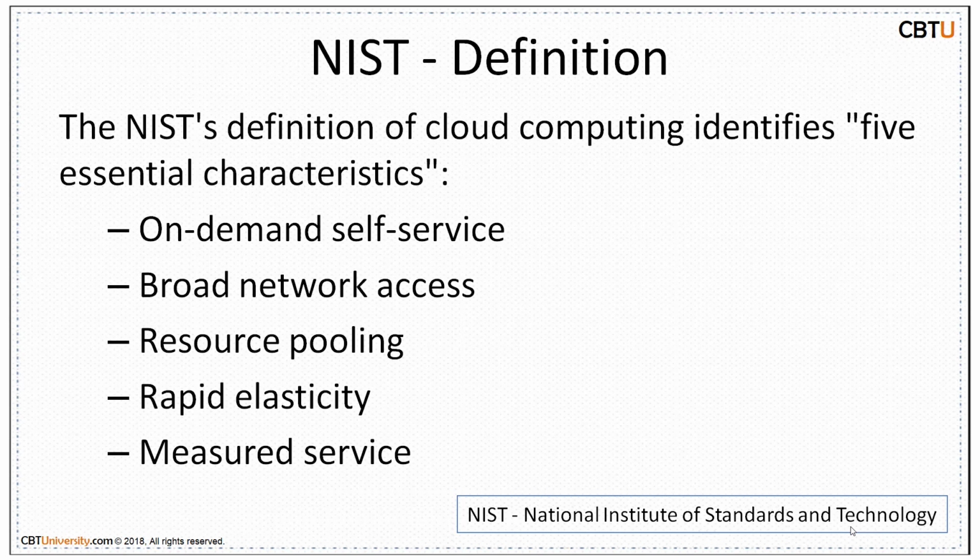Resource pooling: the resources are pooled and a multi-tenant model is used to meet consumer demand. Rapid elasticity: elastically scaling up or scaling down the resources as per need. Measured service: this is to optimize the resource usage.